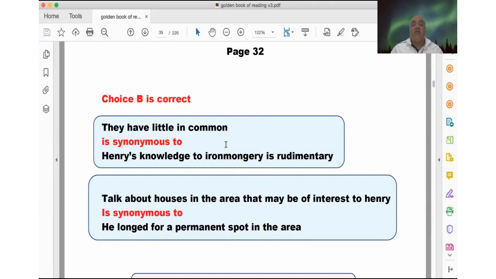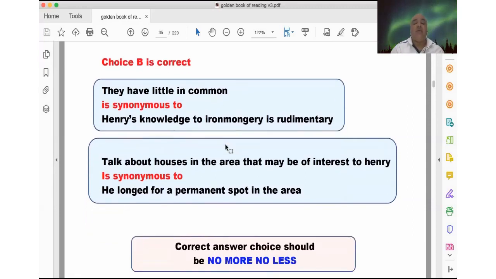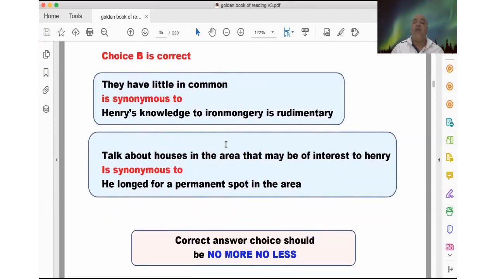They don't have that many themes to talk about. And talking about houses in the area that may be of interest to Henry is synonymous to he longed for a permanent spot in the area.